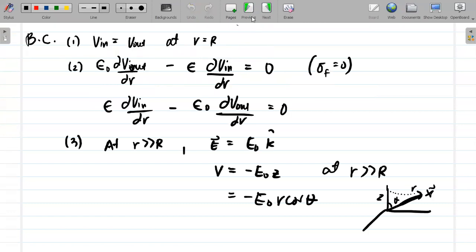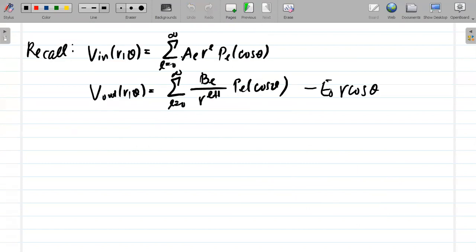At R approaches infinity, let's say ito, the potential must be equal to negative E naught R cos theta. So at R approaches infinity, mawala to. So matitira, E naught R cos theta. So dito na pumasok yung third boundary condition natin.